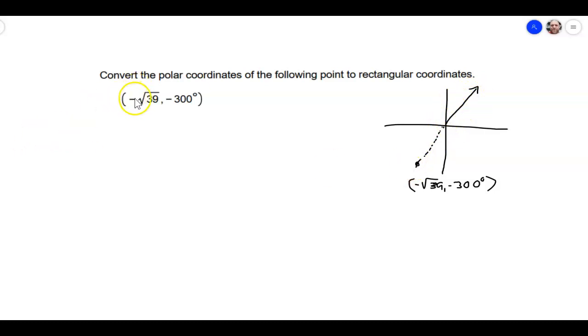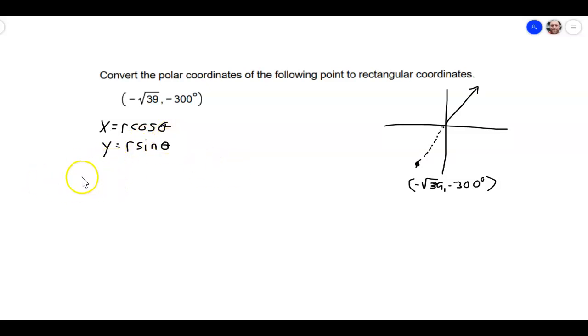All right, but we have a formula for it, and it's this right here. x is equal to r times the cosine of theta, and y is equal to r times the sine of theta. So as long as we keep our stuff straight and we simplify correctly, we should get this.